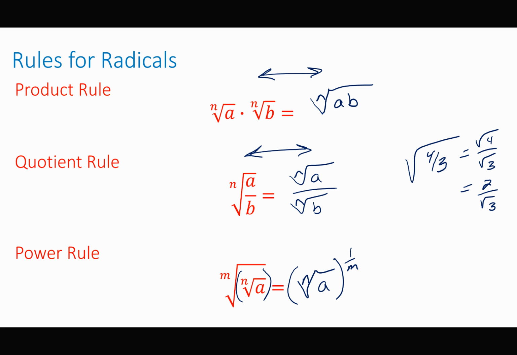All right, so we've done those power rules. We can bring the index. And so I'm taking that whole piece, my radicand, which is under the radical symbol, raising it to the 1 over m. Now, what's in my parentheses here, the nth root of a, I can really write that as a to the 1 over n. I still have this 1 over m going on the outside.